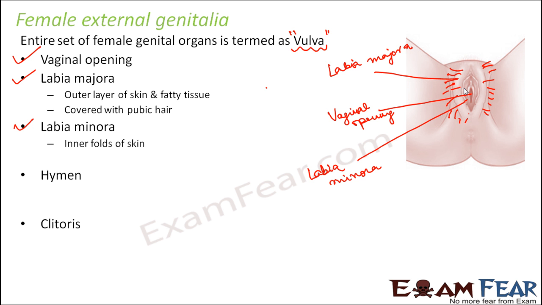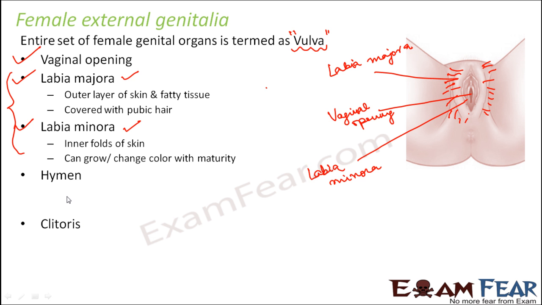They can grow or change color with maturity. However, there is not much hair present here. So both of them are labia because both are folds of skin which surround the vagina. Majora is the outer layer and minora is the inner layer. So that is one difference between the two.